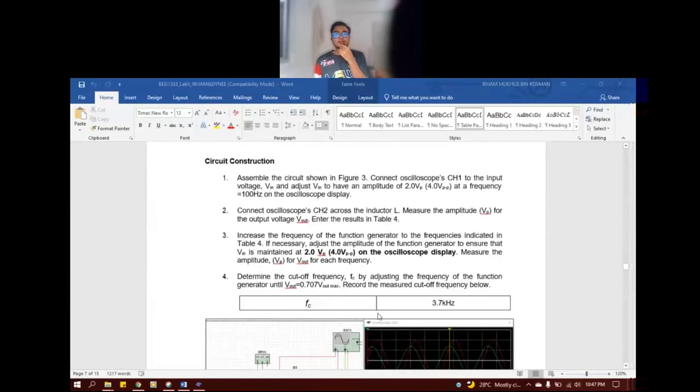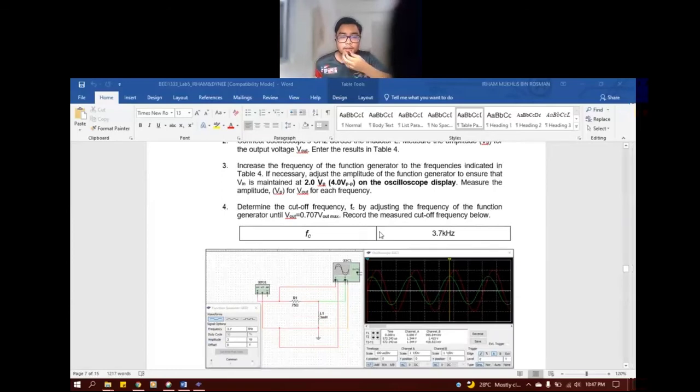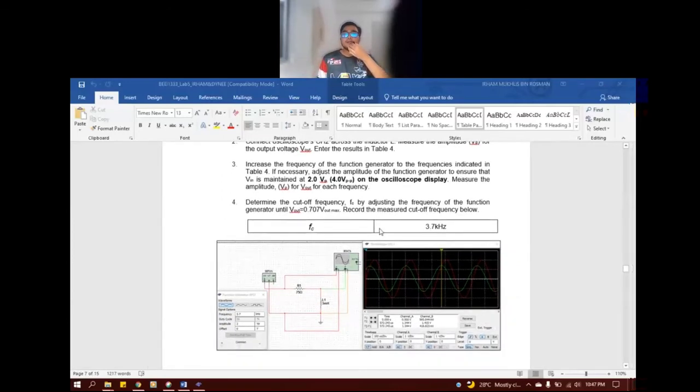Next, for the circuit construction and the cutoff frequency that we determine from V out equal to 0.707 V out max, where V out max equals 2, we get about 1.414 volt. In the TCM, we find that at a frequency of 3.7 kilohertz from the RL circuit, we get near 1.414 volt.